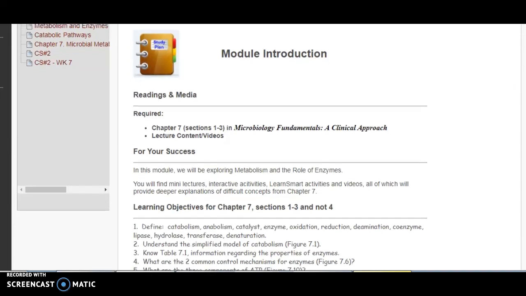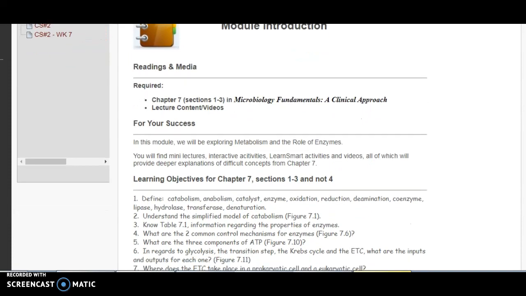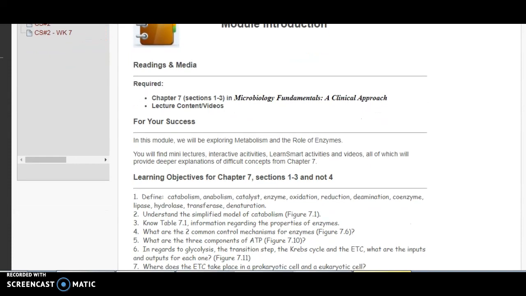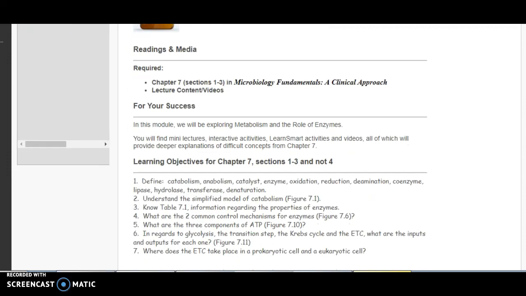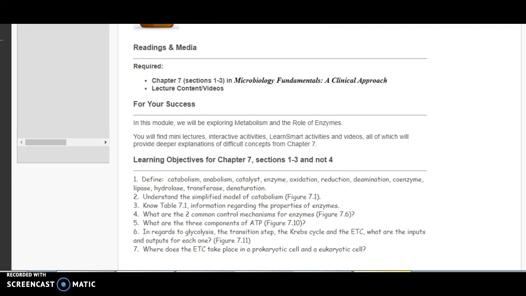Section 1 goes through the role of enzymes, section 2 talks about energy and oxidation and reduction reactions, and section 3 goes through the major reactions that are going to involve the actual production of energy.